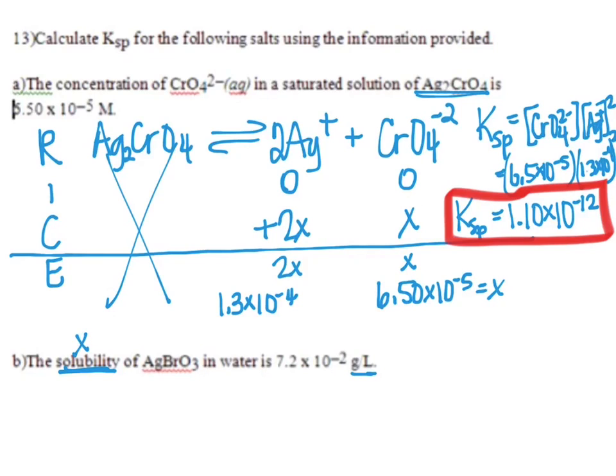So we need to take our 7.2 times 10 to the minus 2 grams in 1 liter and change that to moles per liter. For every 1 mole, there are 235.76 grams of silver bromate.